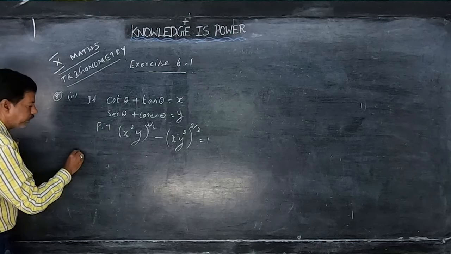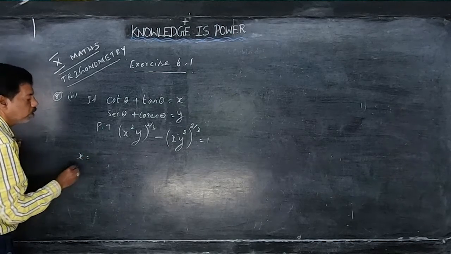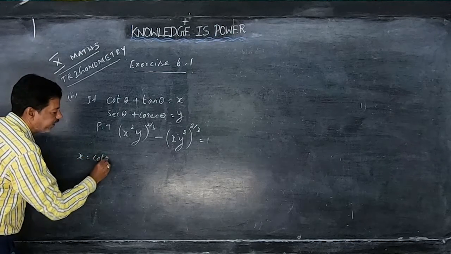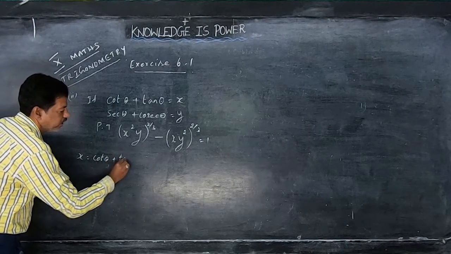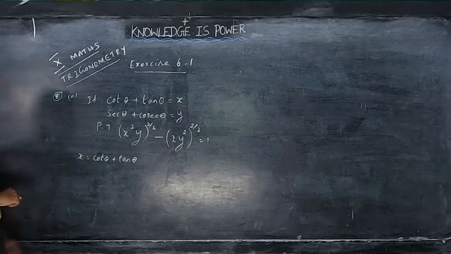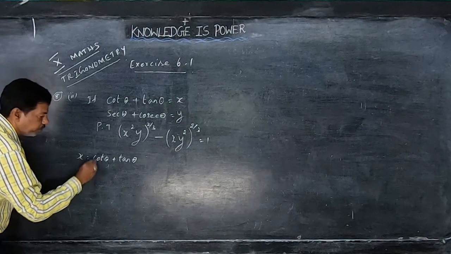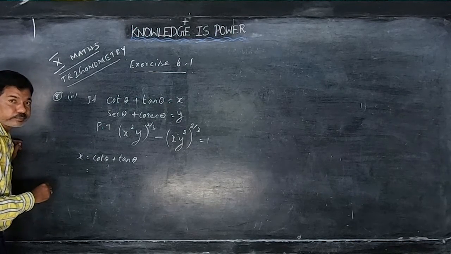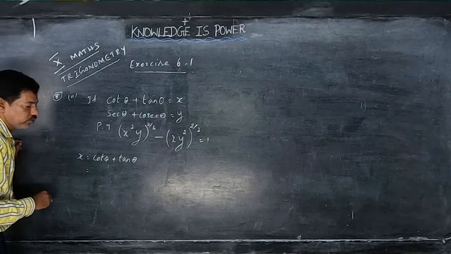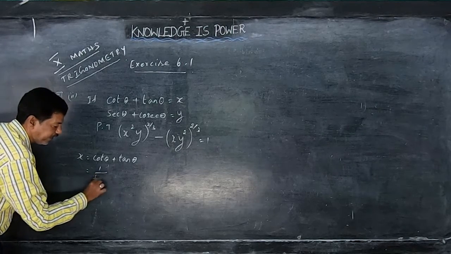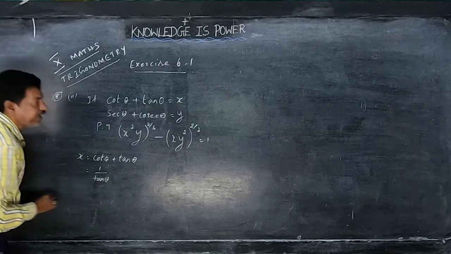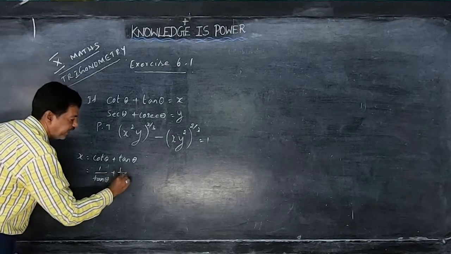Now take out x, which equals cot theta plus tan theta. This is the value of x that is given. Now cot means what? What can we write it as? 1 by tan theta plus tan theta.